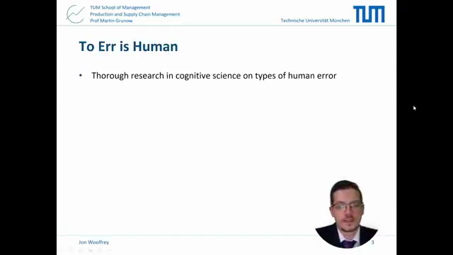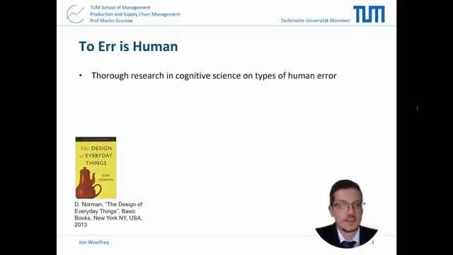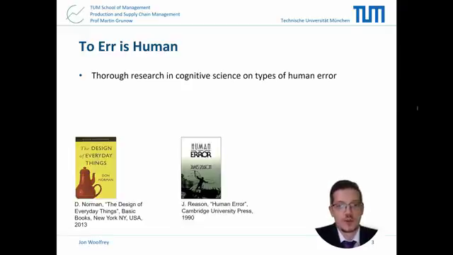So, as I said last time, there's been very thorough research in cognitive science on types of human error. And a couple of books I'd really recommend reading are The Design of Everyday Things by Don Norman, and also Human Error by James Reason, although this is a bit drier and more technical. These are two cognitive scientists who have done a lot of research into how and why human error occurs.